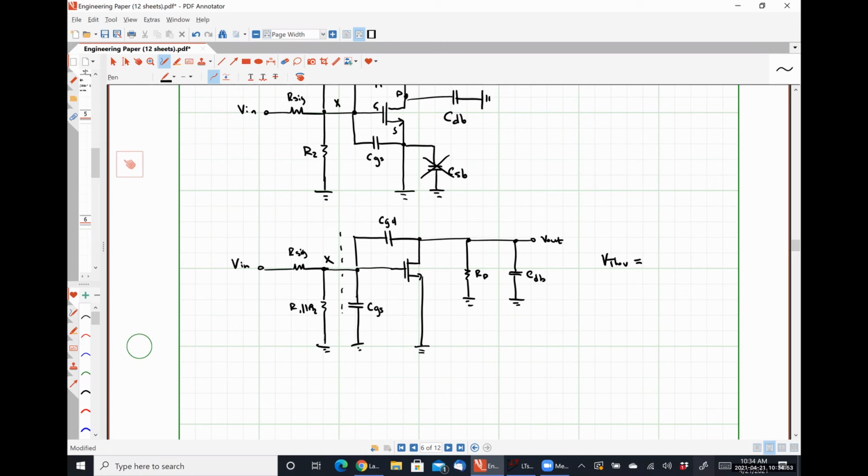It's a voltage divider, right? So V Thev is just going to be V in times R1 in parallel with R2 over R sig plus R1 in parallel with R2. And while I'm at it, I can say that R Thev is going to be R sig in parallel with R1 in parallel with R2.